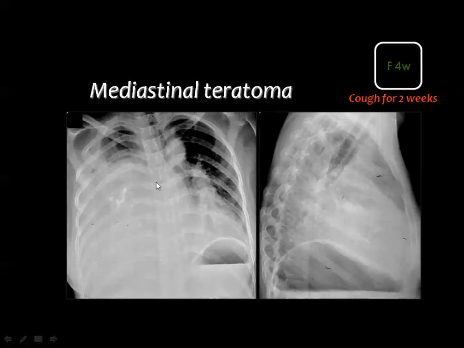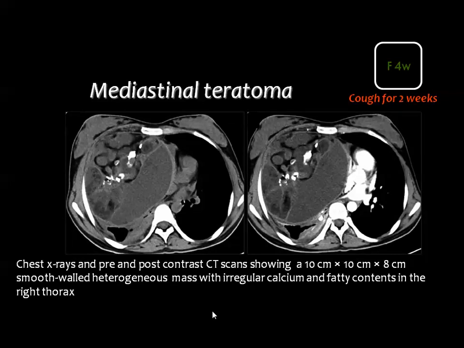In the chest X-ray, you can see big opacity here, and you see gross areas of calcification within this opacity. The CT scan before and after contrast enhancement showed the three components of teratoma: fluid, fat, and calcium.